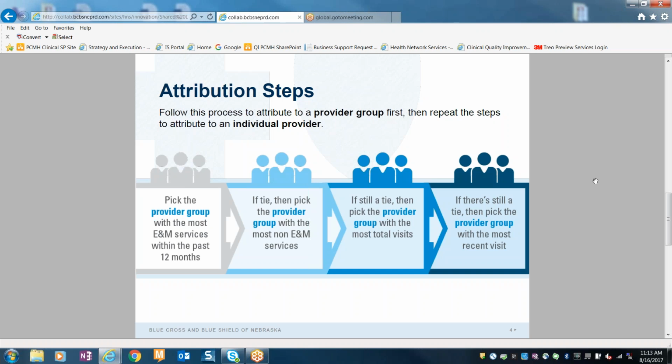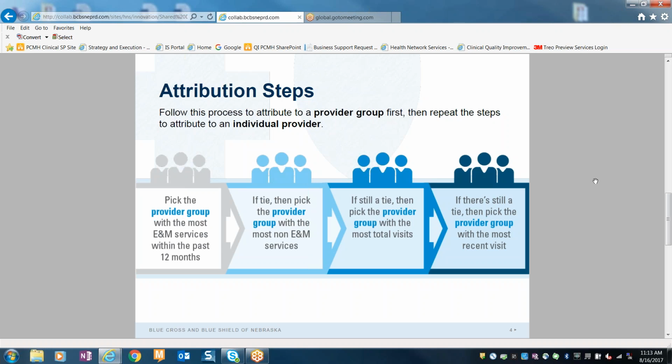So what we do is we pick the provider group with the most E&M services within the past 12 months. We attribute to a physician group before we attribute to an individual physician within a group. And I'll run through an example of that on the next slide. So look at the provider group with the most E&M services within the past 12 months.